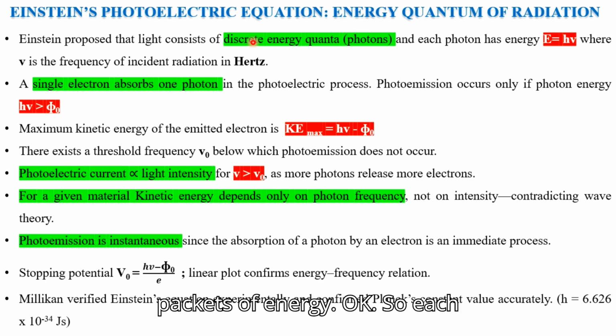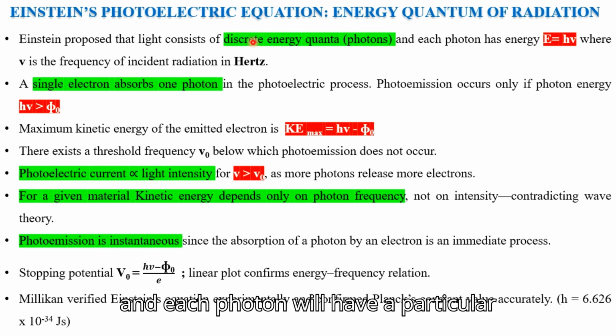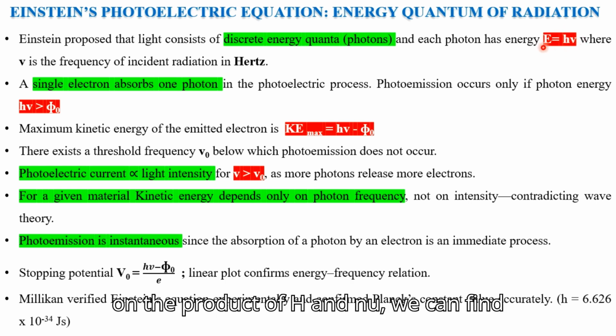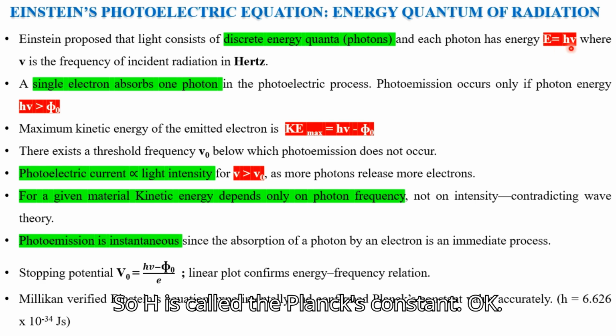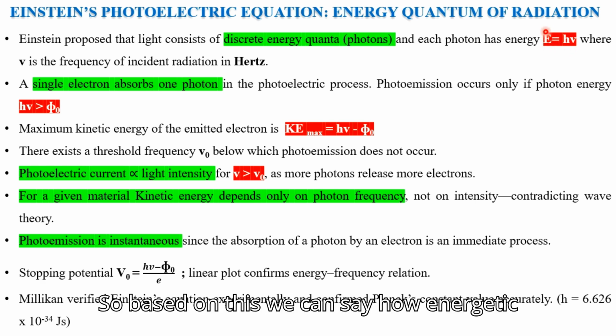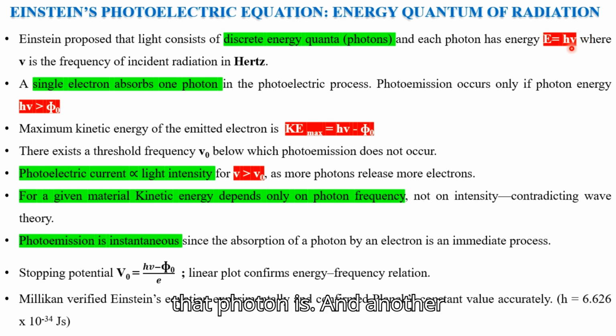Okay, so each packet is called a photon, and each photon will have a particular frequency nu, and based on the product of h and nu, we can find the energy associated with that photon. So h is called Planck's constant. Okay, so based on this, we can say how energetic that photon is.